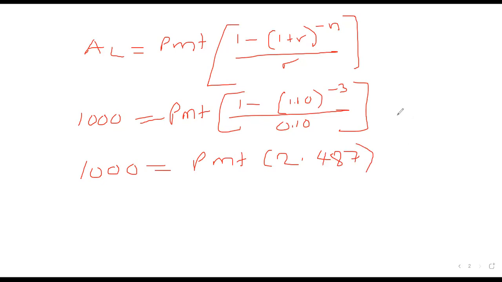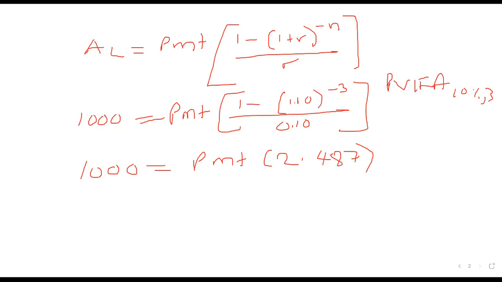Or better still, we can check the present value interest annuity table at 10%, 3. We check on the financial tables, you get the same figure.